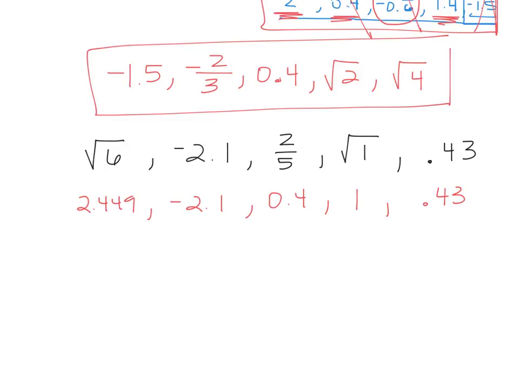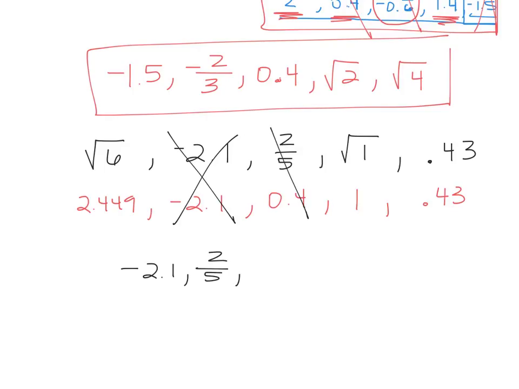Okay, so we're looking just at the red right now, but we're answering the black. Okay, what is the smallest number? It's the only negative, right? So negative 2.1 would go first. So this one's gone. What's your next smallest? 0.4, which is actually which number? 2/5. So you're going to write it as 2/5.